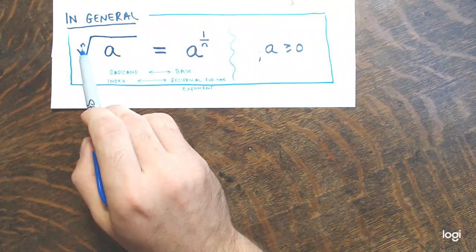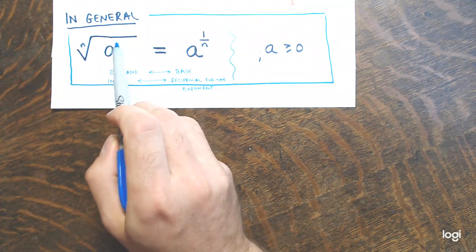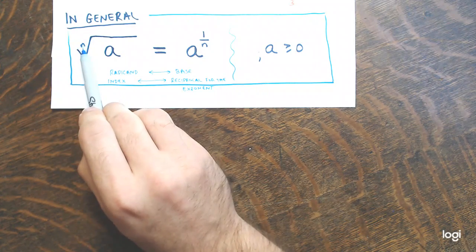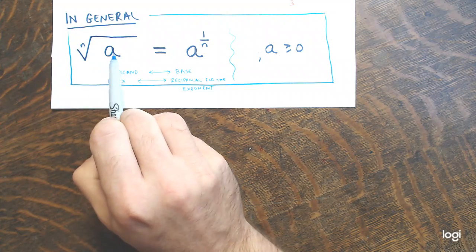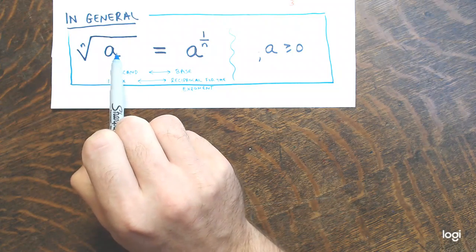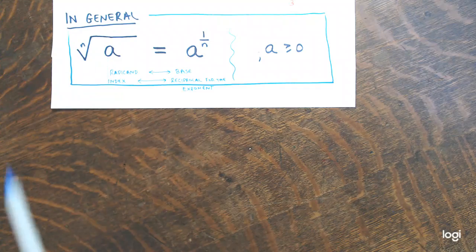So remember, if the index is even, this symbol means you're asked for the non-negative nth root, right? It has to be non-negative. Additionally, remember, if this is even 2, 4, 6, 8, the radicand also has to be non-negative, right? An even root of a negative number is not real, right?